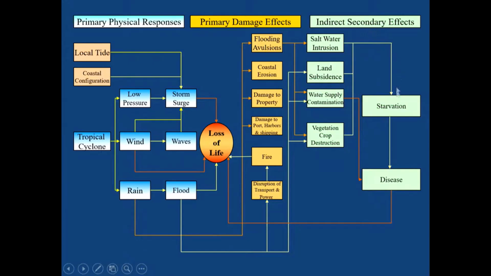All these things will lead to mainly starvation, and finally disease. So this is a process normally the people in the coastal area prone to these disasters are facing every year.